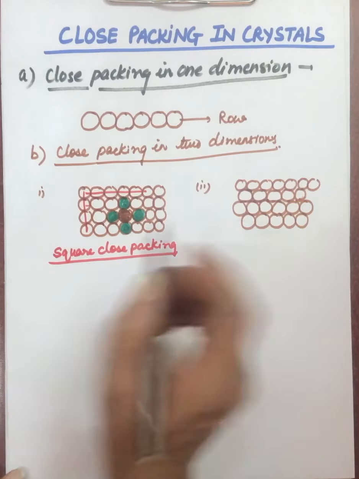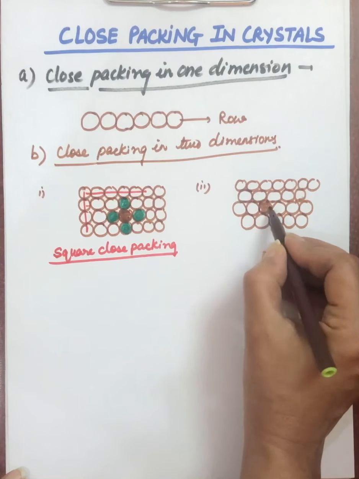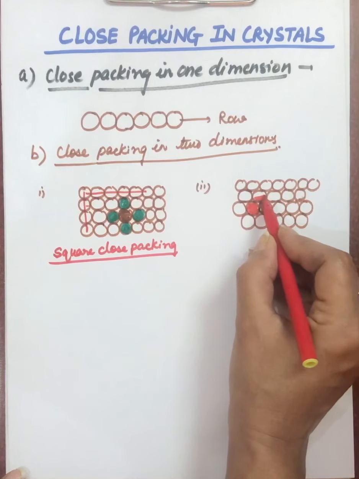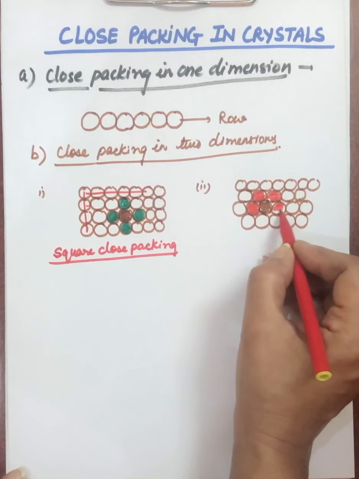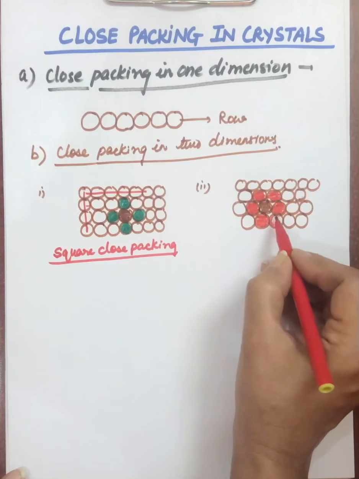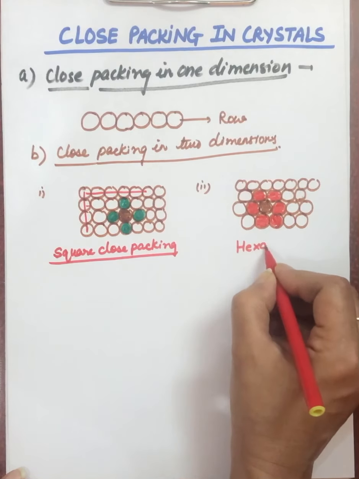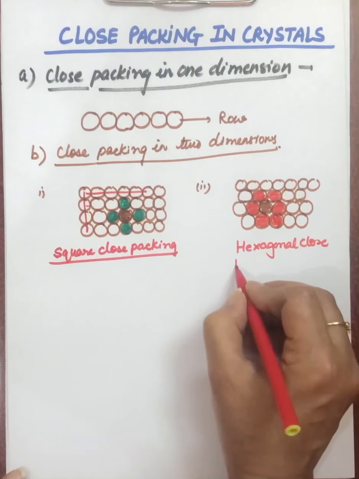In this arrangement, see one particle here is touched by how many more particles? Six particles. This kind of arrangement is called hexagonal close packing arrangement.